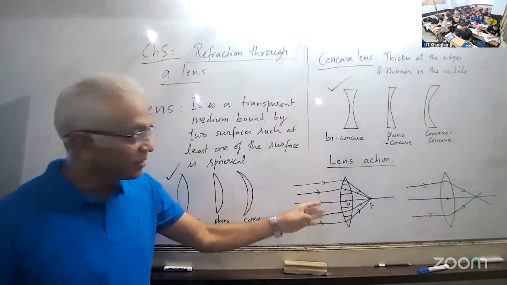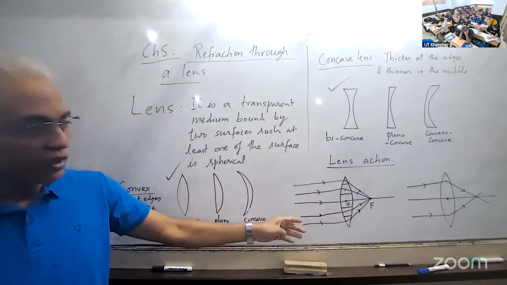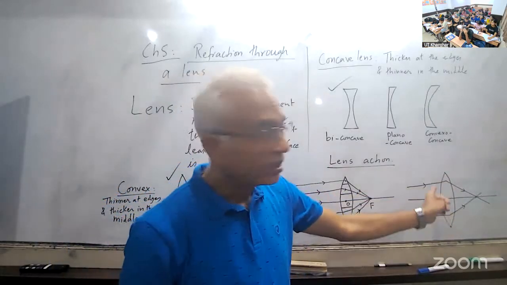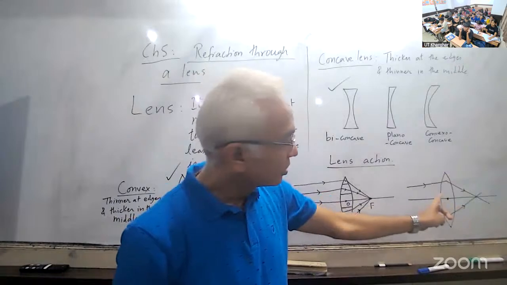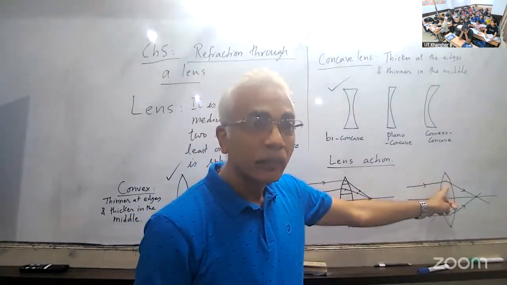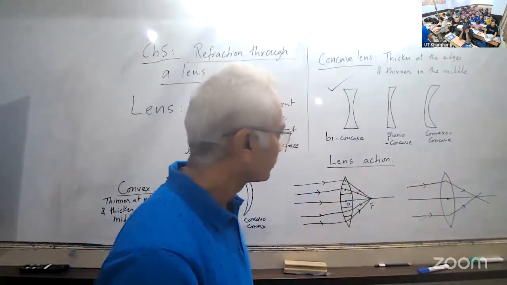Now, once the lens action is understood, while drawing the ray diagram, you'll stress the ray till the middle of the lens and then take it out. So bending at both the surfaces need not be shown. Is that clear? So this is what we'll follow.